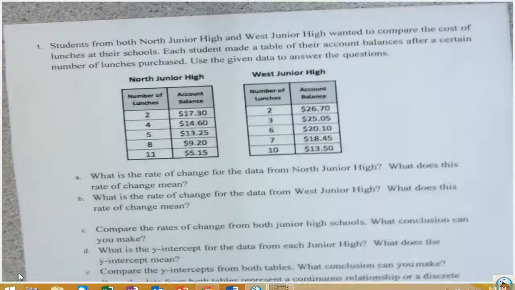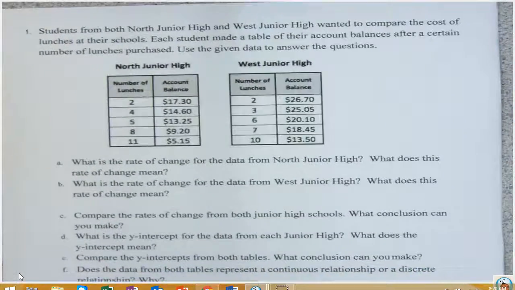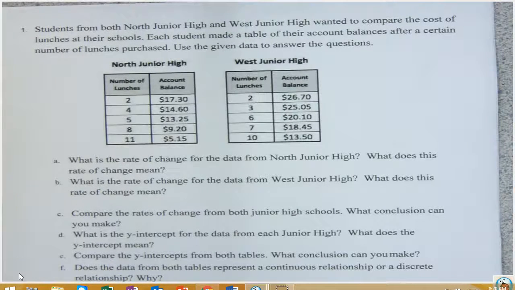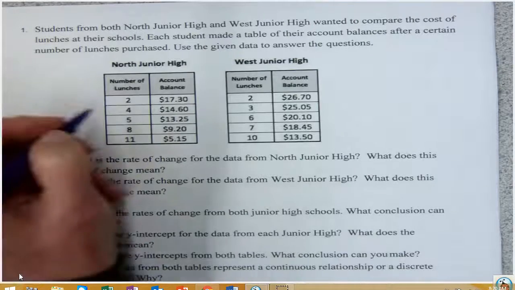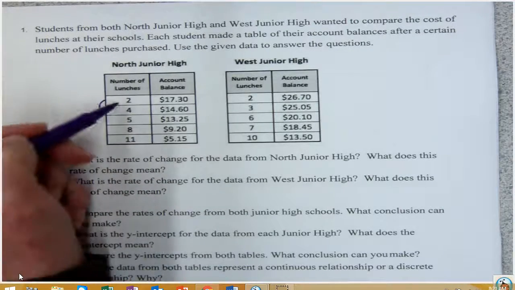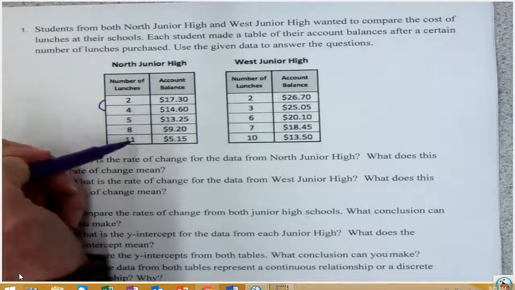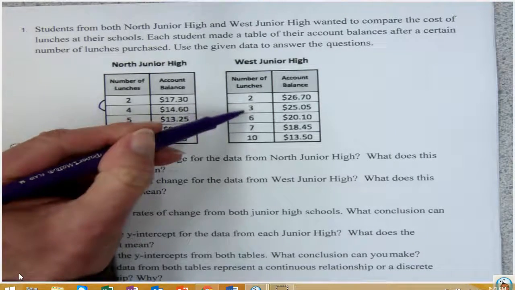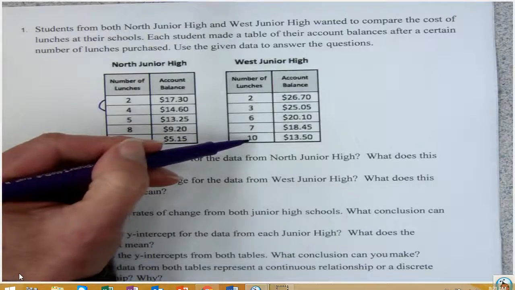This question, I really just want to remind you how to find the common difference or the slope when the values are not consistent. This goes from 2 to 4, and then 5 to 8, and then to 11, 2 to 3 to 6 to 7 to 10.